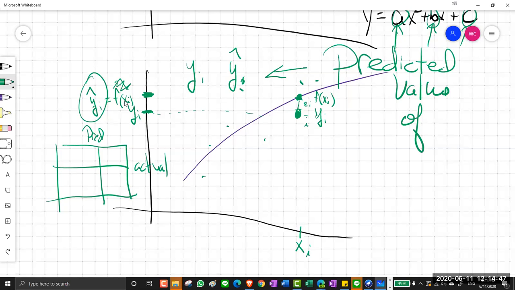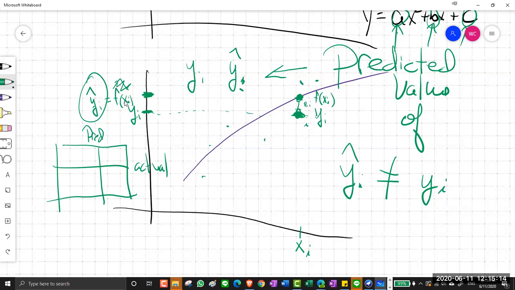Does everyone understand that? Yes, Professor. So yi hat is not yi. yi is the actual height, and yi hat, we've been calling it f of xi, but it's also called yi hat. yi hat is the predicted value, predicted in the model.